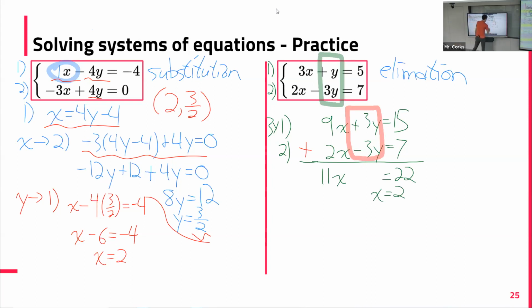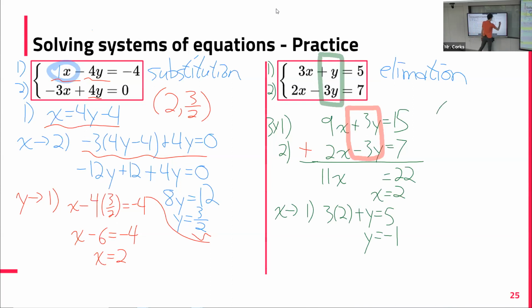All right, and our x, which one do we want to substitute this into? The first one. Yeah, looks a little easier, but both not especially hard. So 3 times 2 plus y equals 5. So that's 6. 5 minus 6, y is -1.